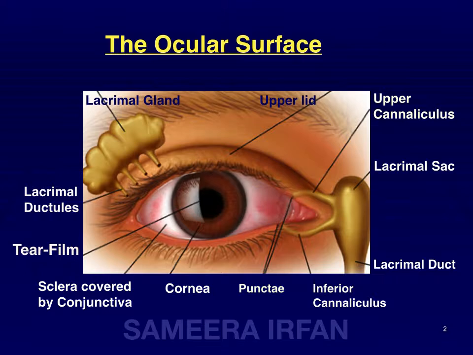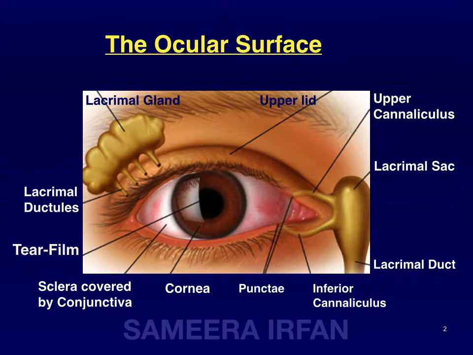The cornea must remain absolutely clear with a smooth polished surface to transmit light onto the retina without any undue aberration. So, to achieve this function, the cornea needs the help of surrounding structures, and all these structures work together as a single functional unit, which is termed the ocular surface.